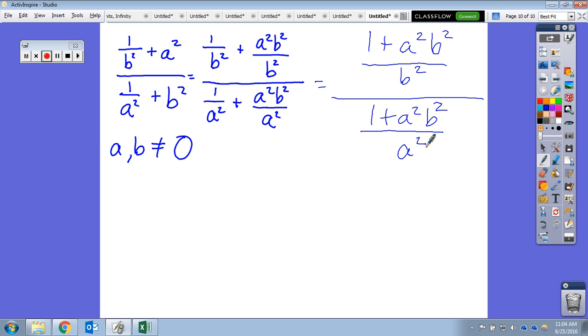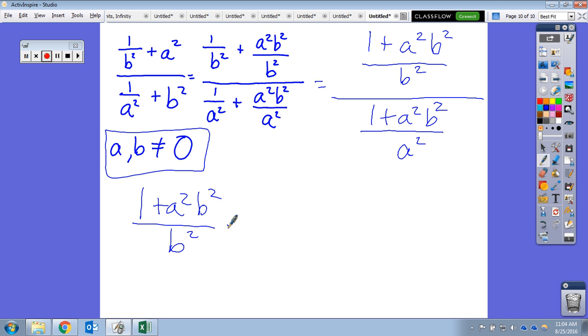Now, this is advantageous because to divide by a number, we just multiply by its reciprocal. So let's go ahead and flip it. So we have 1 plus a squared b squared all over b squared.